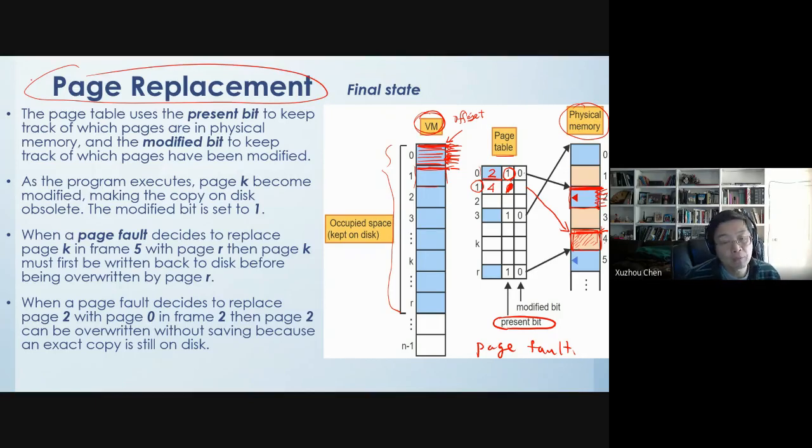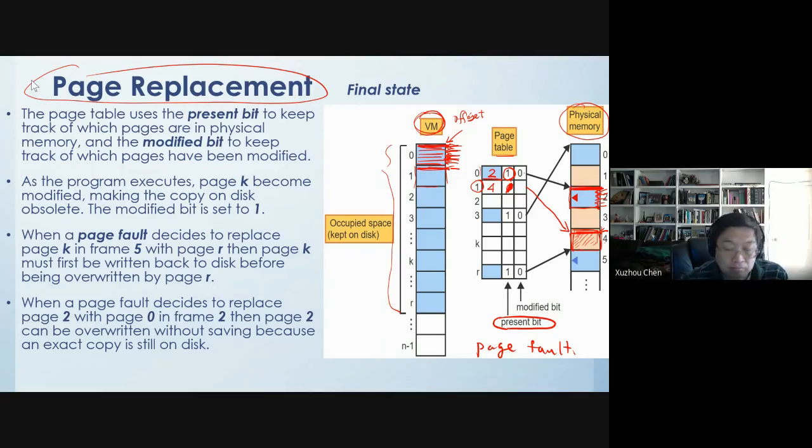Page replacement will guarantee that this program will continue to run, because once the program tries to execute a particular instruction and the instruction is located in a page which is not loaded, we say, okay, we have to load the page, and if the memory is not available, we pick one of the pages which is currently in memory and swap it out.